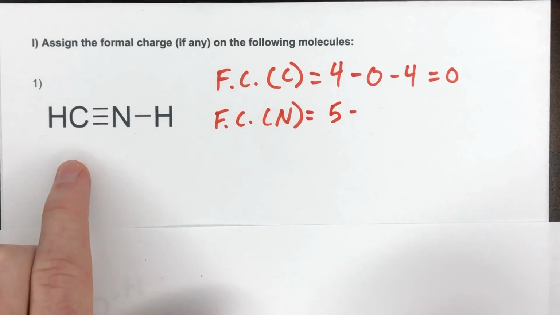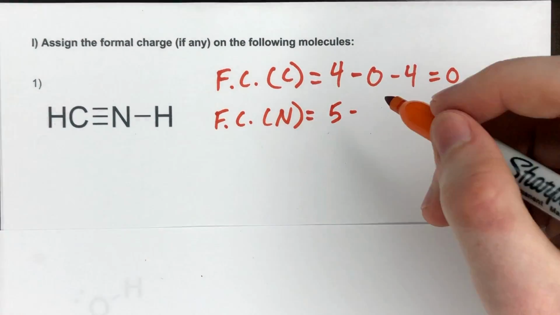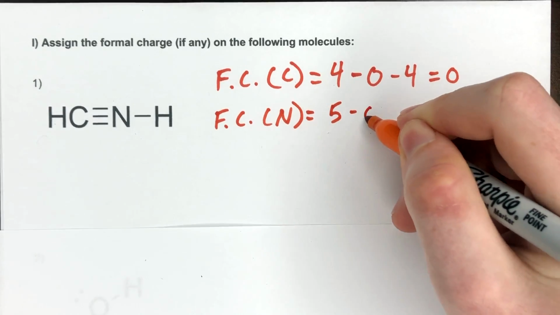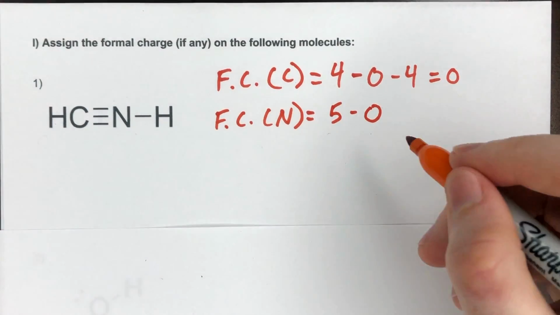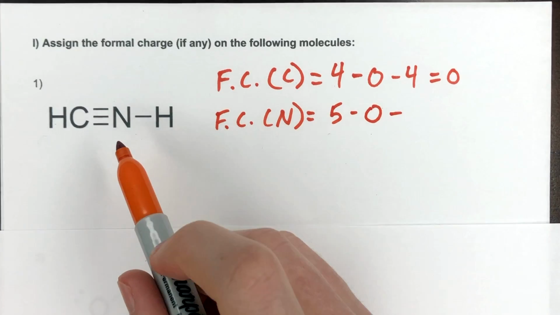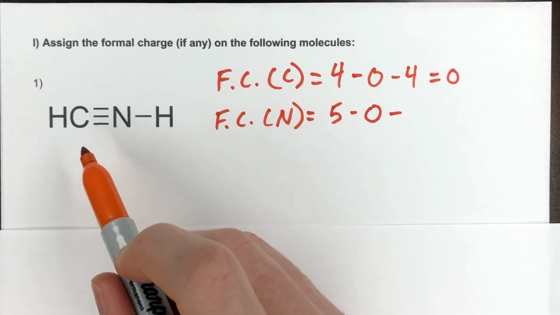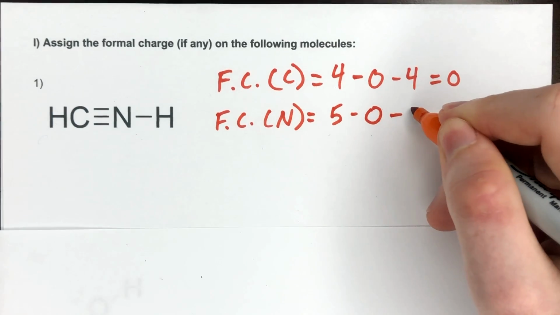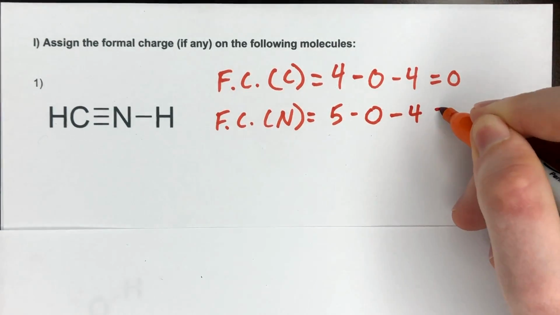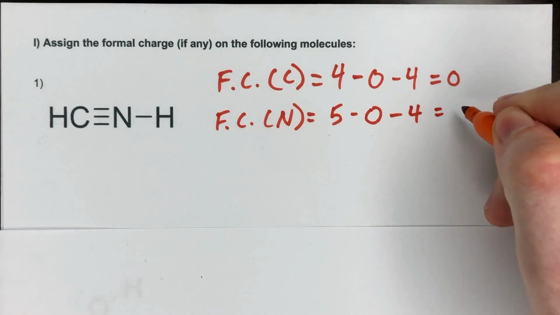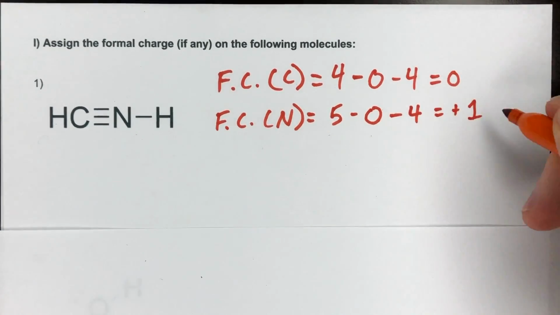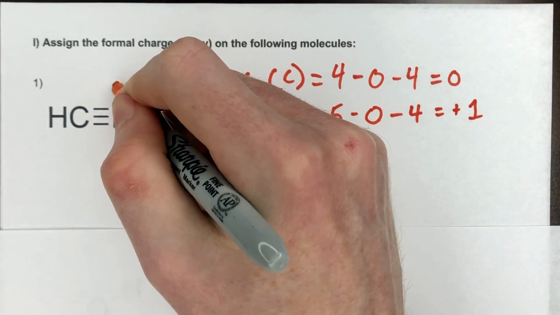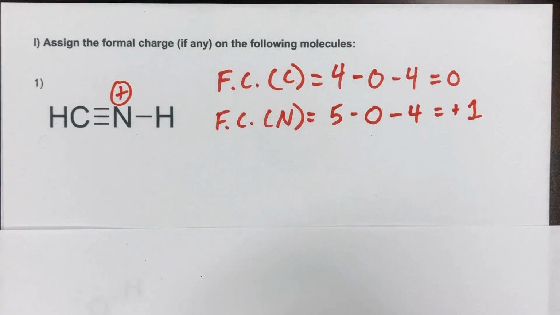Again, just like our carbon, this nitrogen has no lone pairs, so no unshared electrons, so that is 0. And then we subtract our number of bonds. We have a nitrogen-carbon triple bond, that's 3. Nitrogen-hydrogen single bond, that's 1. 3 plus 1 is 4, so we subtract 4 here. This is 5 minus 4, which is positive 1. So our nitrogen gets a positive 1 formal charge.